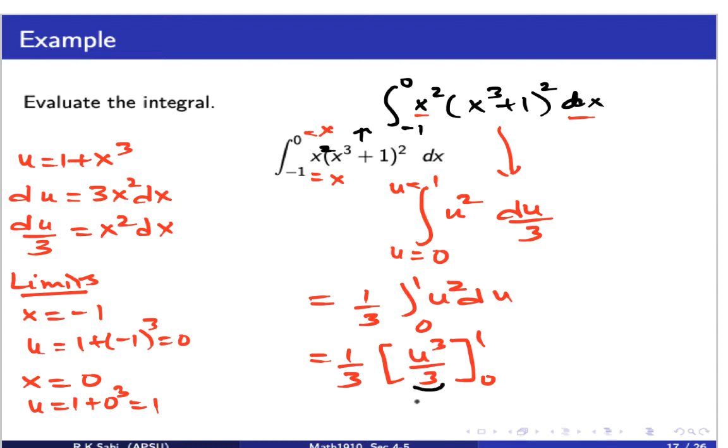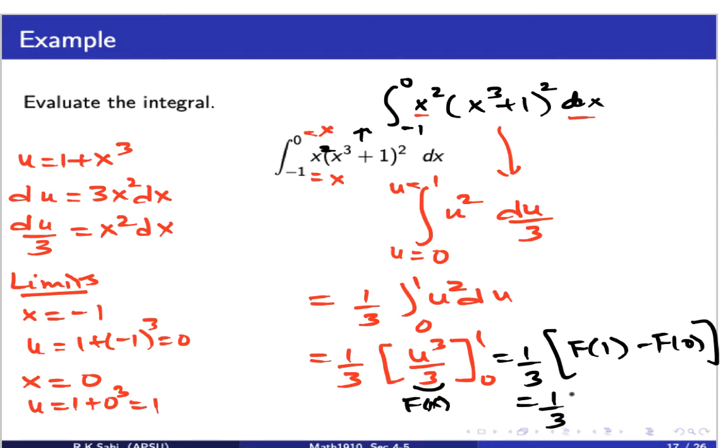This one, guys, is the antiderivative f of x. So when we solve this one, it is 1/3 times f of 1 minus f of 0. Now replace u by 1, which is 1 cubed over 3, is 1/3, minus 0. So the final answer is 1 over 9.